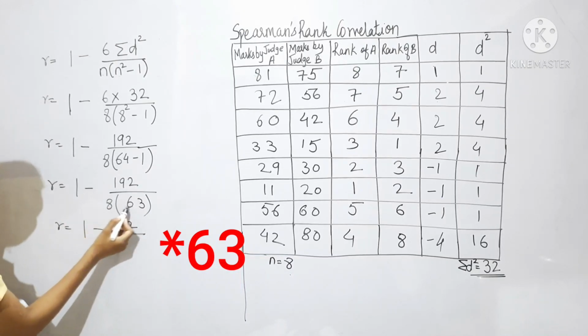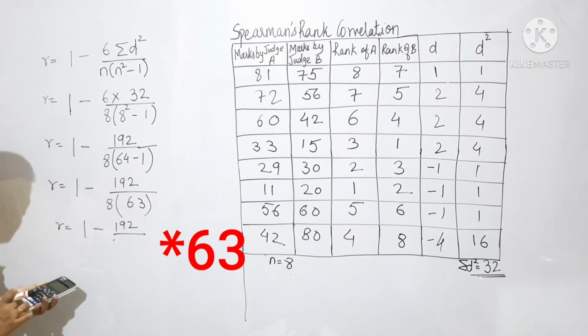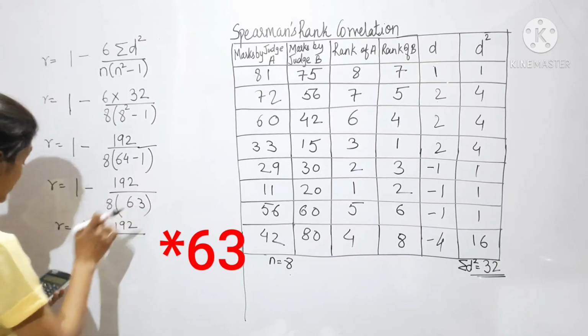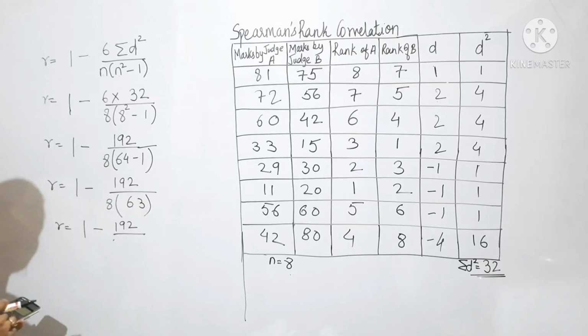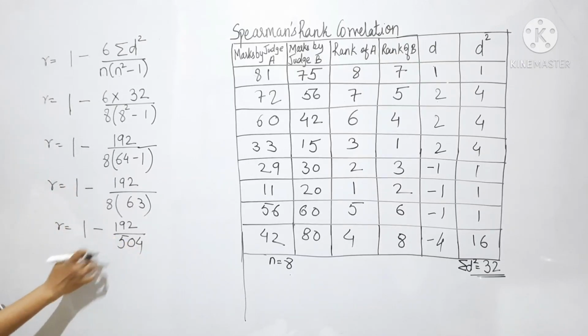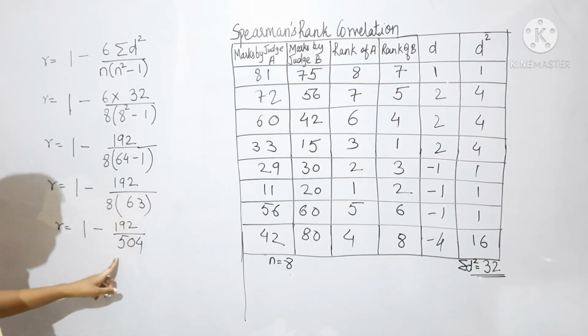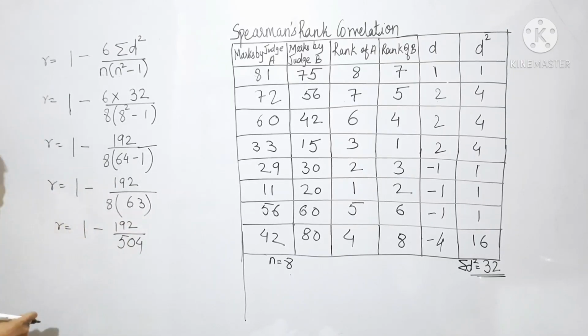Now multiply 8 into 63. If you multiply 8 into 63, you get the answer 504.